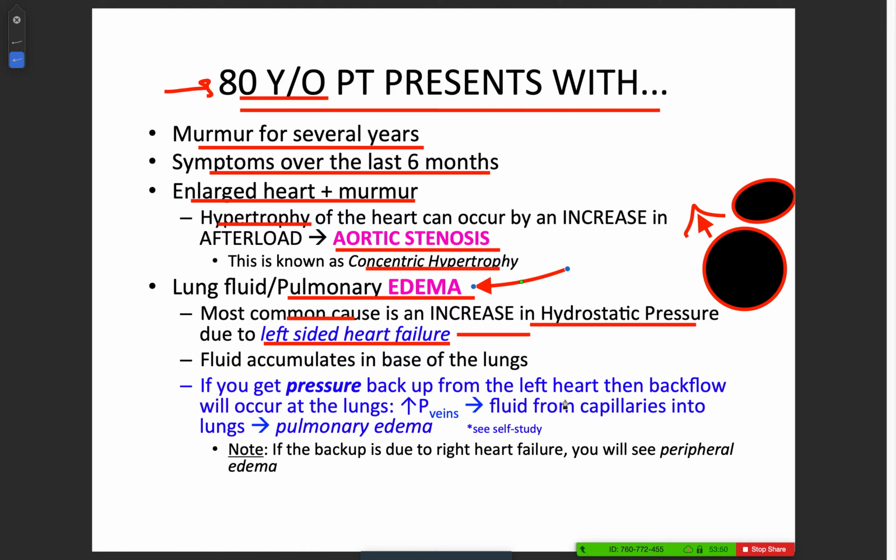So crackles you'd be more likely to hear in a patient with pulmonary edema. You wouldn't hear crackles in a patient who has a pneumothorax, right? These things have meaning, and having those connections is going to give you a clue into the right answer. All right, so crackles equals pulmonary edema.